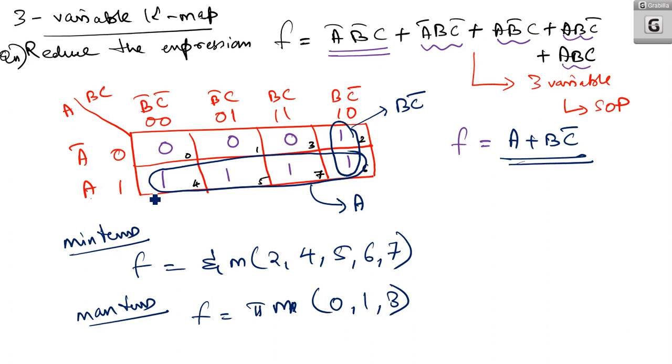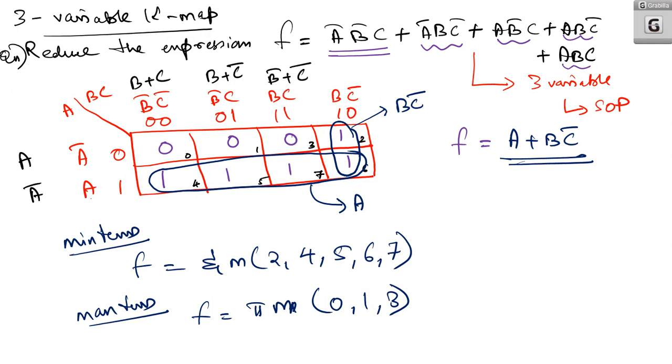Now if we need to get the max term representation of this one, I will write as: here you will get A, this is A bar, this is B or C, then this is B or C bar, this is B bar or C bar.